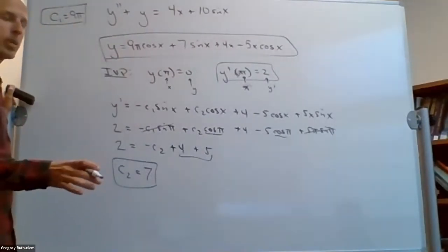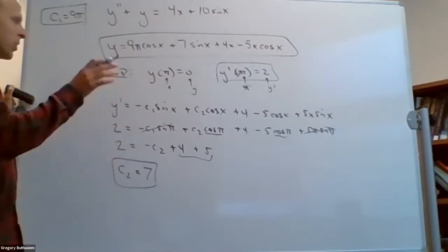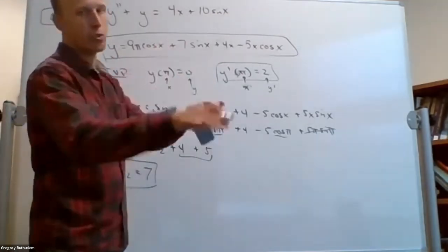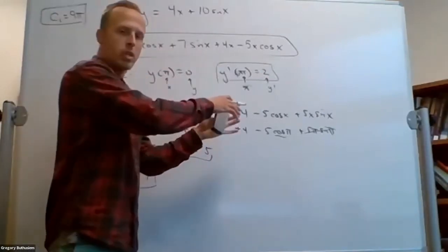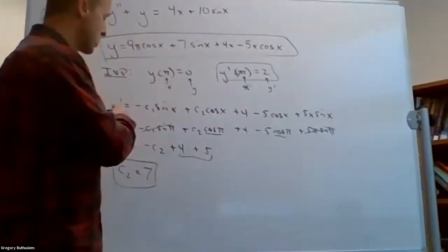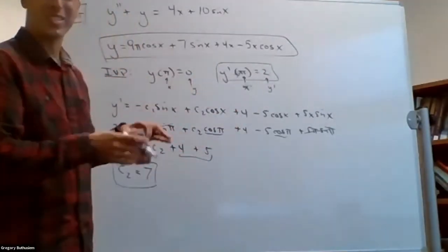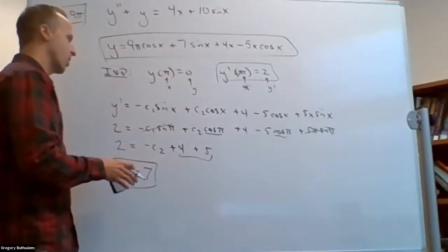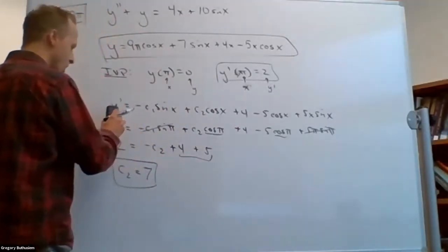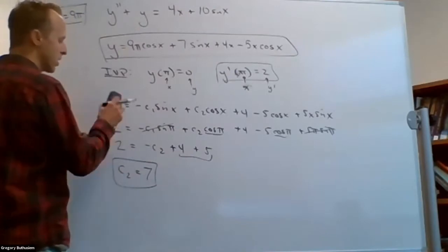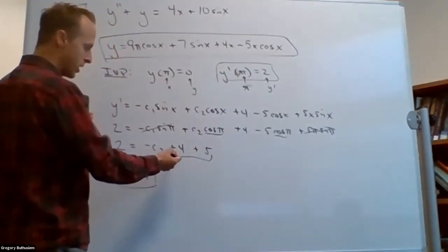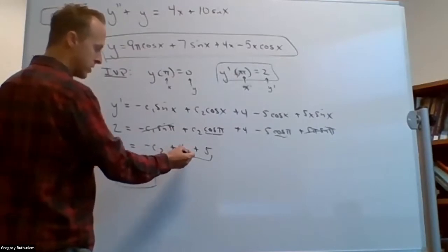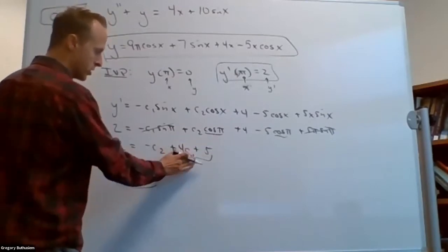Now that worked out pretty nicely in that we plugged in one thing, the C2s went away, and we could just solve for C1. Then we plugged in the next one into y prime, the C1s went away and we solved for C2. It's not always going to be that convenient. Sometimes when I go to plug this into y prime, I have something that has both C1s and C2s in it.